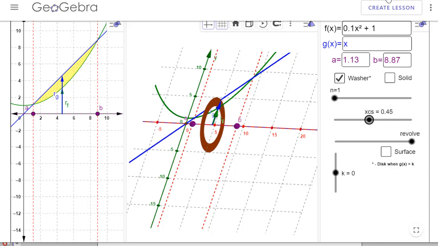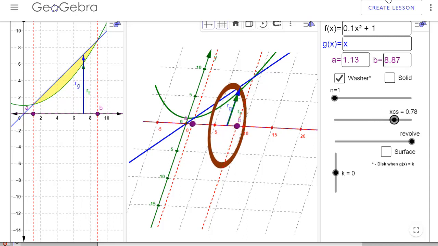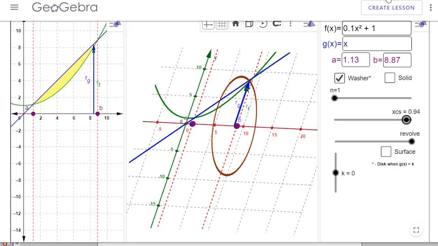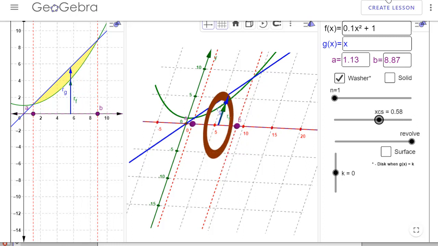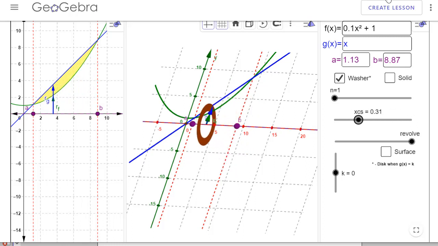We can see it expands up to here, and it starts to shrink down a little bit and become a thinner washer again as it approaches the intersection point. So the volume formula that we're utilizing here is finding the volume of each of these little washers that we're calculating the volume of, and then we're adding them together.